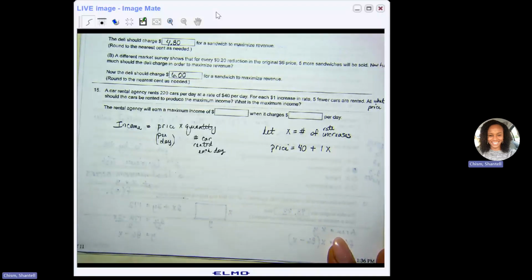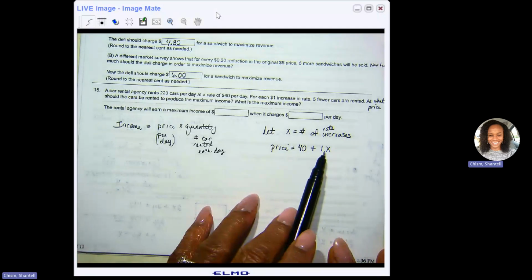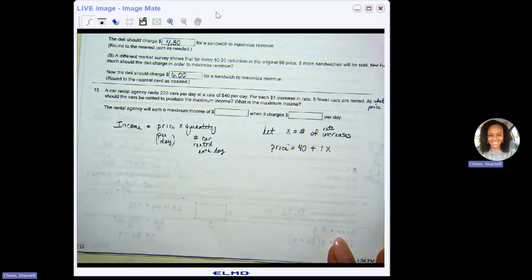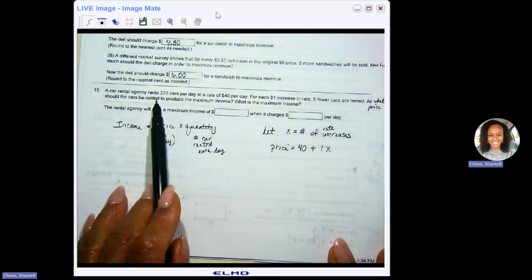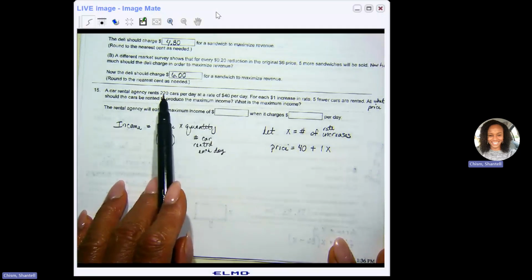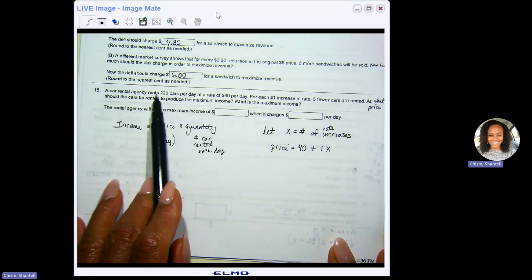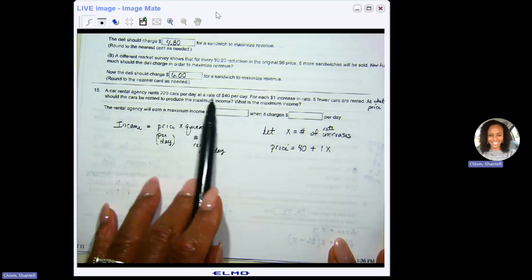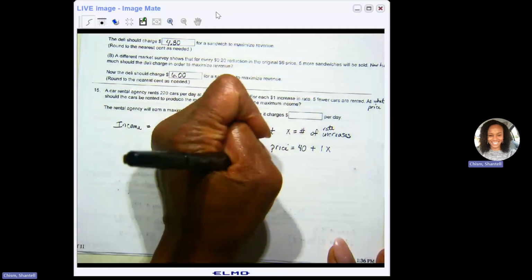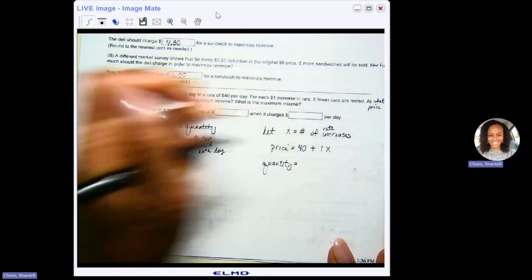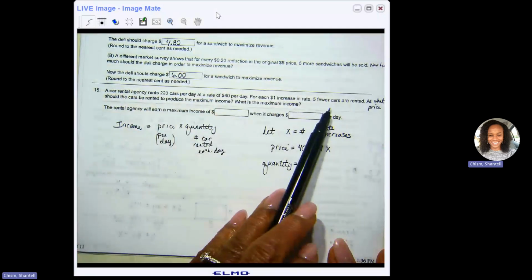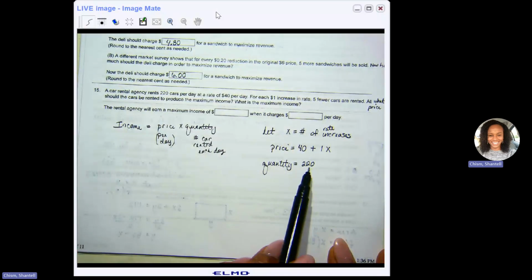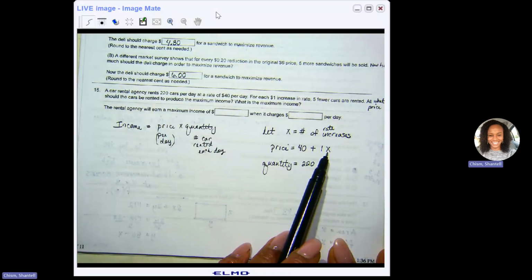Okay. Then we're talking about quantity also. For every increase in X, 5 fewer cars are rented out. Just like we were given a base price of 40, we're given a base rental amount of 220. It says a car rental agency rents 220 cars per day at this rate. So our quantity equation will start off with 220 as the base, and then we're reducing this amount as X increases.